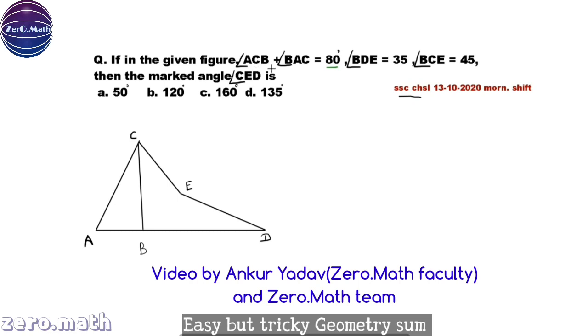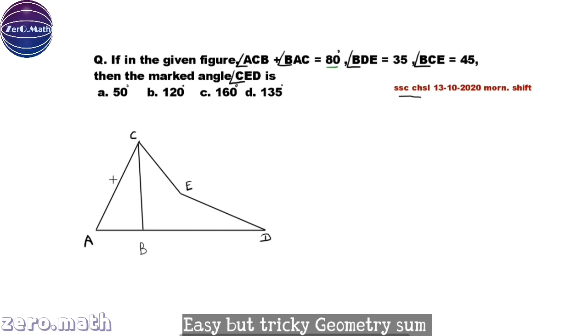If in the given figure, this is your angle ACB, let's call this angle X, and angle BAC, let's call angle Y. Now what is given? Angle X plus Y, that is ACB plus BAC, is equal to 80 degrees.